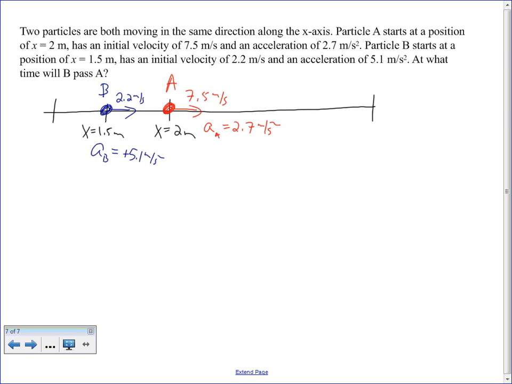So again, in a similar method to what I did before, I'm going to look at particle A. So I'll look at its starting position, but now that's not 0, it's 2 meters. I don't know what the final position is. I do know that it starts with a velocity of 7.5 meters per second. And I do know that it has an acceleration of 2.7 meters per second squared.